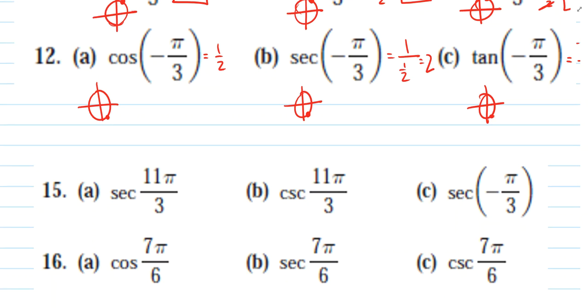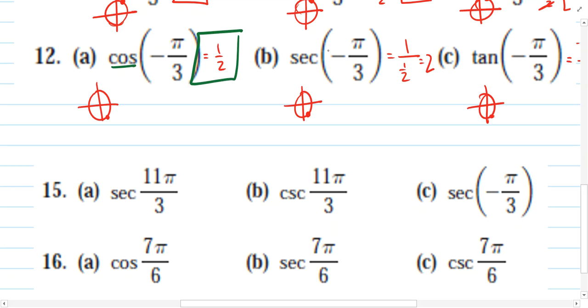And here again, the position is the same for each of these three problems. The position negative pi over 3 is a rightward or clockwise rotation from the positive x-axis. So that puts us in this position here, just before vertical. The x component of that position for cosine is 1/2.